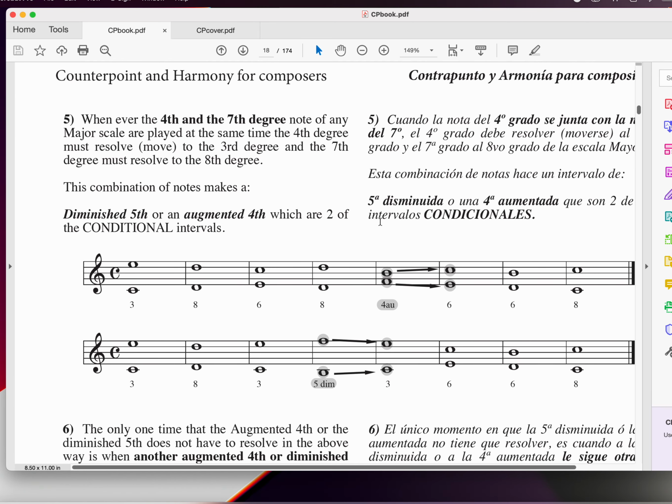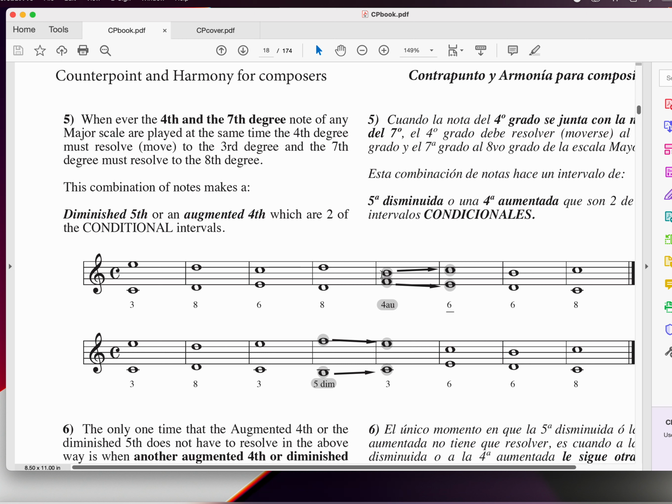Okay, now let's see other things. This is a full exercise already done, but we're going to focus on these measures only. So let's say in the middle of the song you have an F on the cantus firmus, and that F goes to an E note.